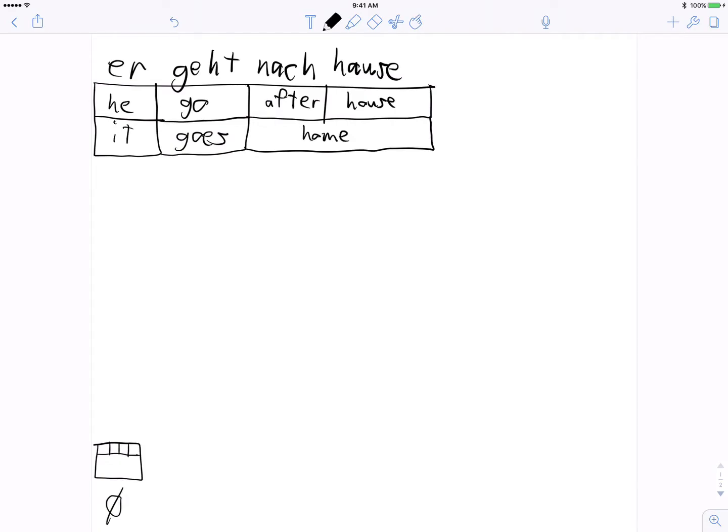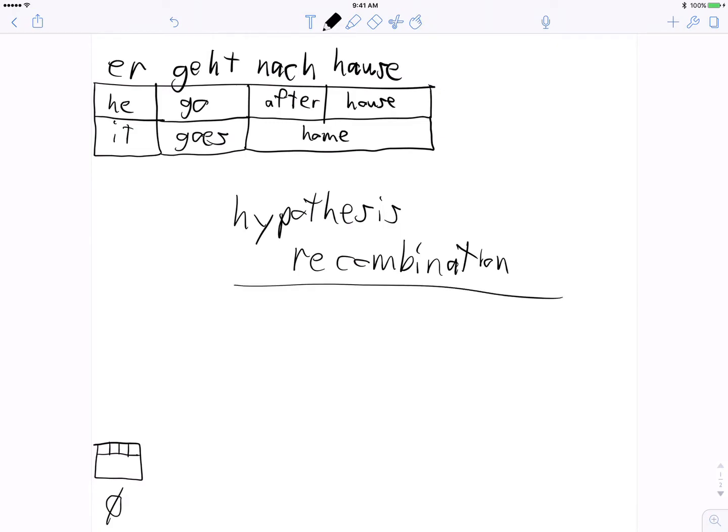The other thing that we're going to do here is hypothesis recombination. Okay? Hypothesis recombination is going to allow us to draw a simpler graph structure than would otherwise be allowed. When we're talking about hypothesis recombination, it's very important to specify the n-gram language model order.